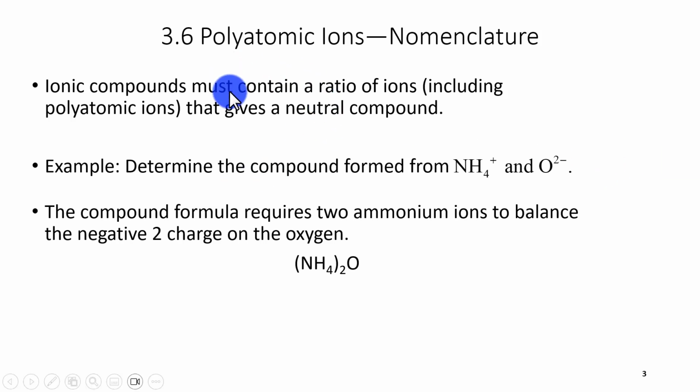And therefore they must contain a ratio of ions, positive or negative, that gives a neutral compound. Now this ratio of ions can be single atom ions or polyatomic ions.